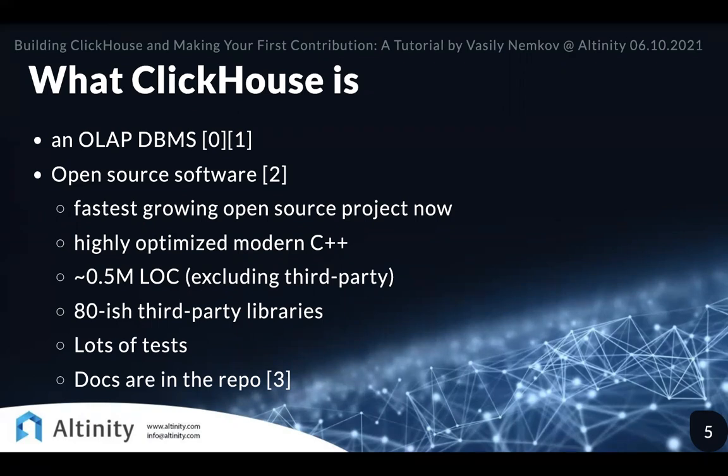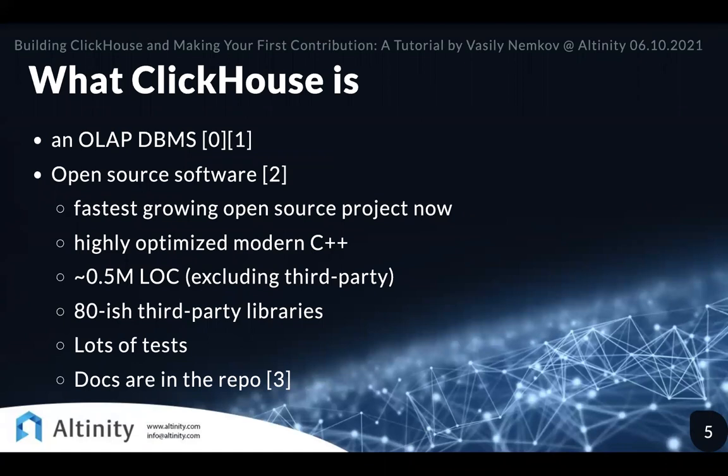But it's also open source software, which makes it even greater. It's the fastest growing open source project now. If I recall correctly, in the year 2021, it surpassed Elastic in the number of committers and number of commits from outside contributors, if I'm not mistaken. It's written in highly optimized modern C++.